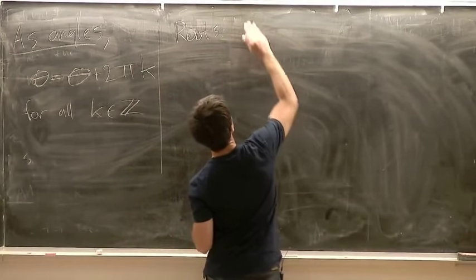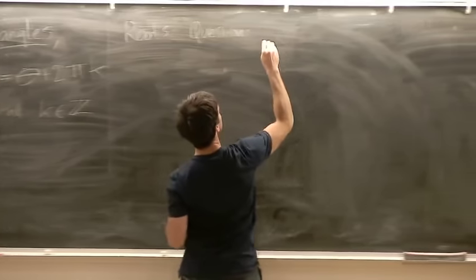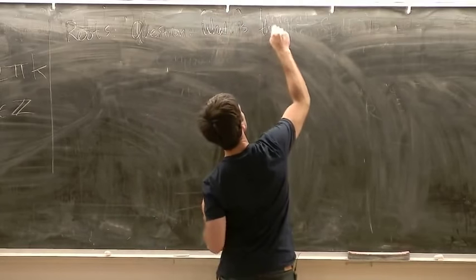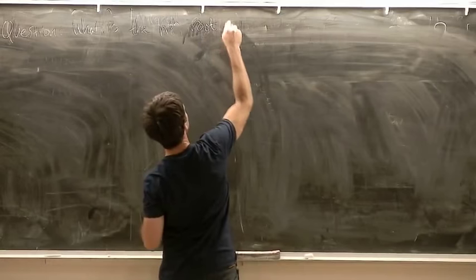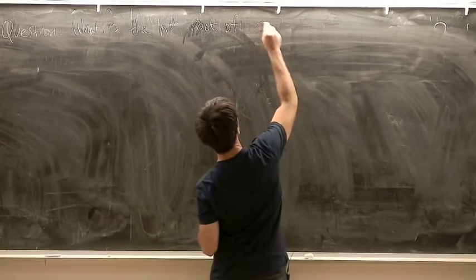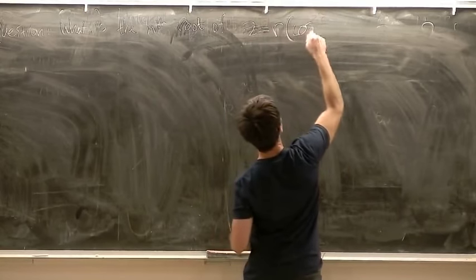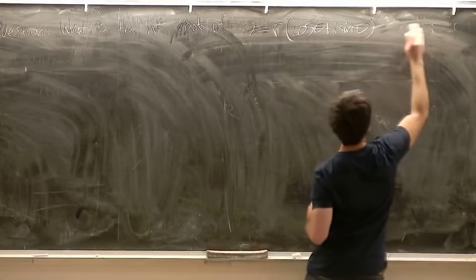So, roots. Here's the question. What is the nth root of some number z, which I will write in polar form, because that's the form we need it to be in to do all these calculations?